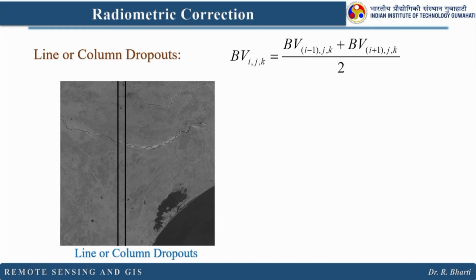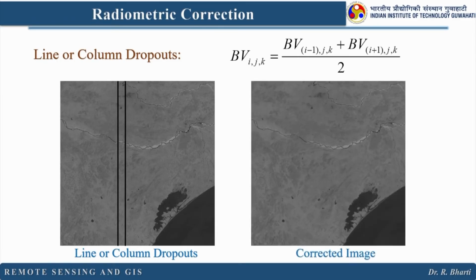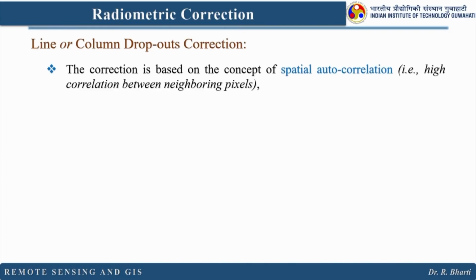So what we do is take the preceding and succeeding lines, take the average, and replace the central pixels. Then you will find your data is without this particular error. The correction is based on the concept of spatial autocorrelation, that is, high correlation between neighboring pixels.